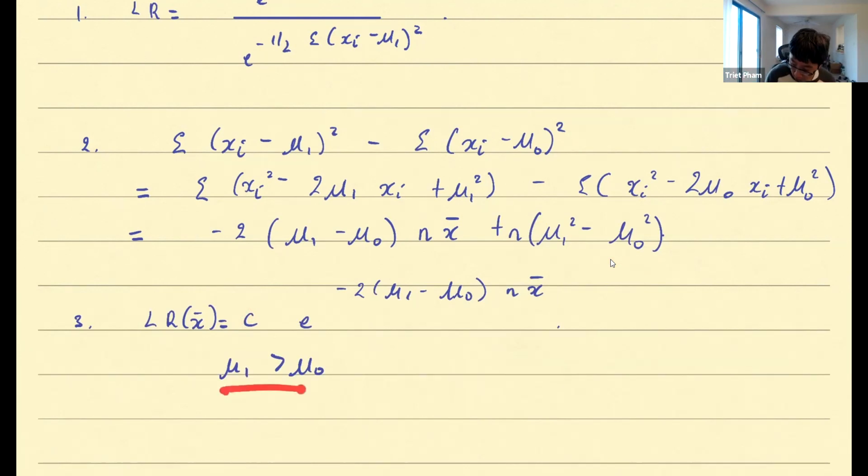All right. So if mu1 is bigger than mu0, then what kind of functional relation do I have here? LR of x bar. What kind of relation? So let me say this, right? What translation do I have?